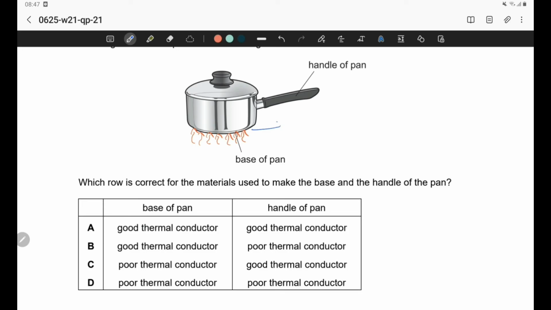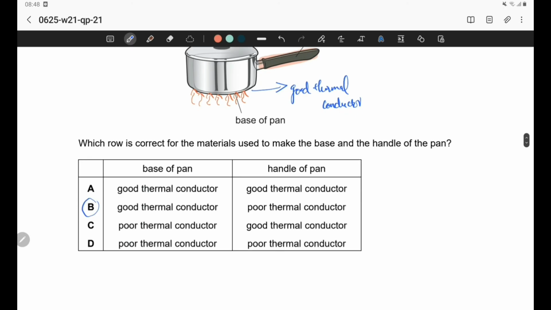So the base should always be made with a material which is a good thermal conductor. Whereas the handle should not let the heat transfer. So always the handle should be made with a material which is a poor thermal conductor. So the correct answer is option B. The base of the pan should be a good thermal conductor and the handle of the pan must be a poor thermal conductor. Then only we can hold it without burning our hand.